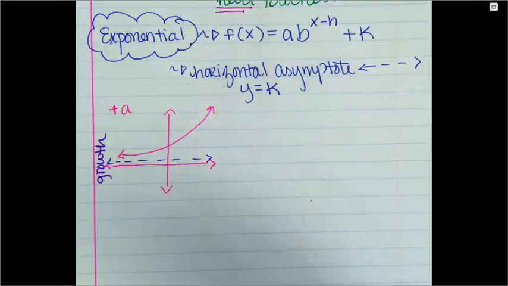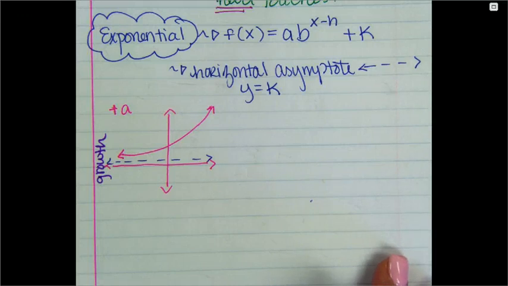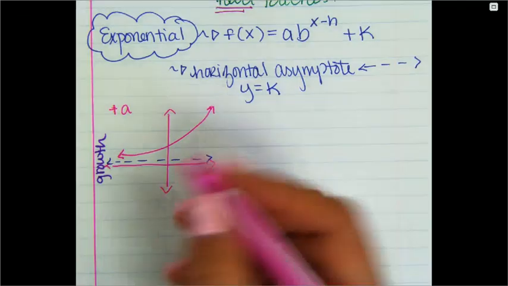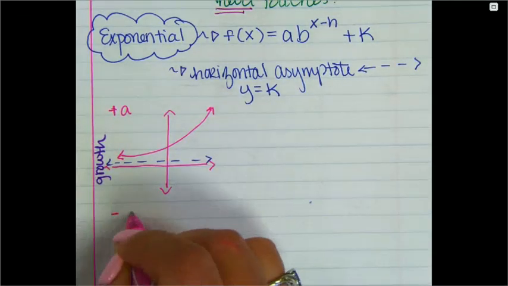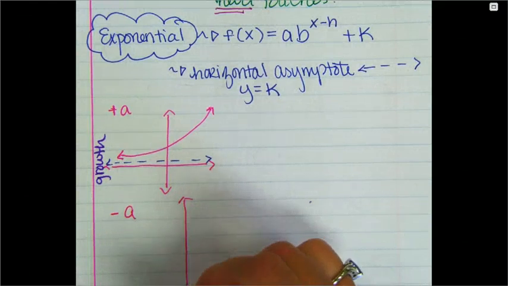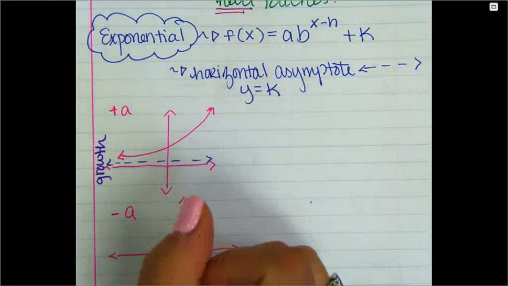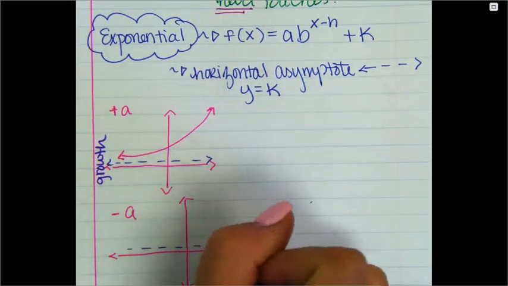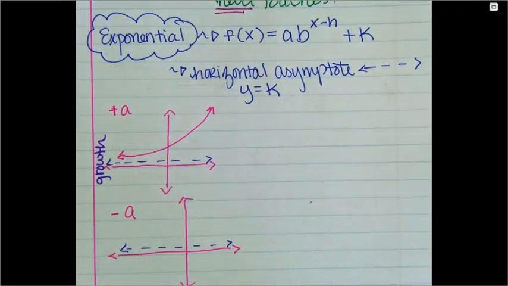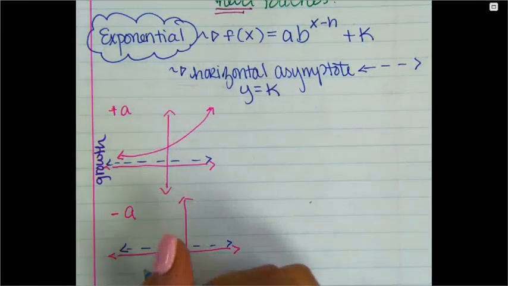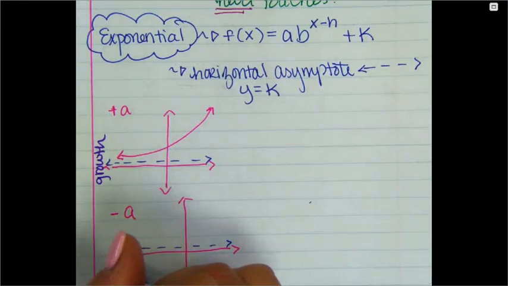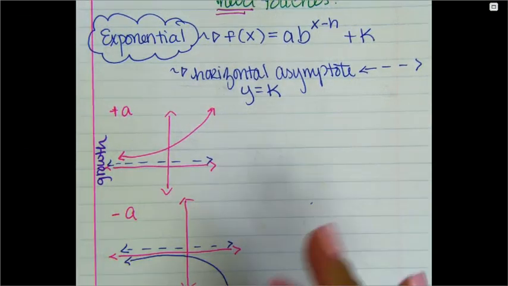This is growth. We can also have a negative A. And this one's going to look like this.